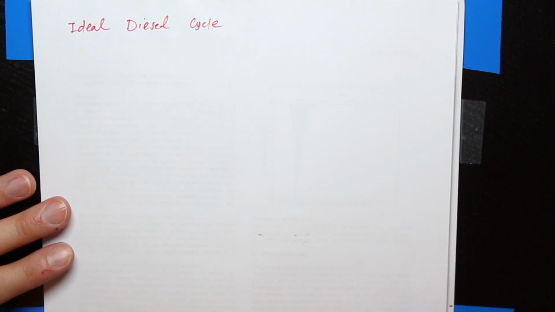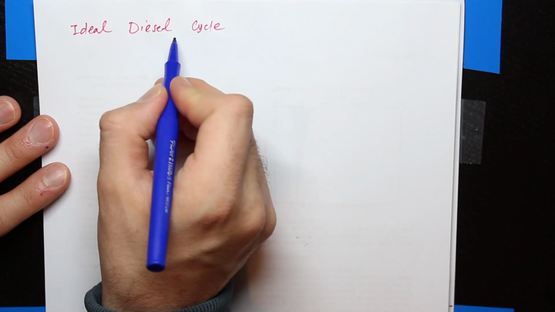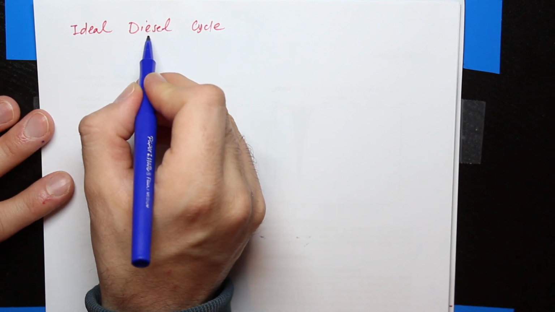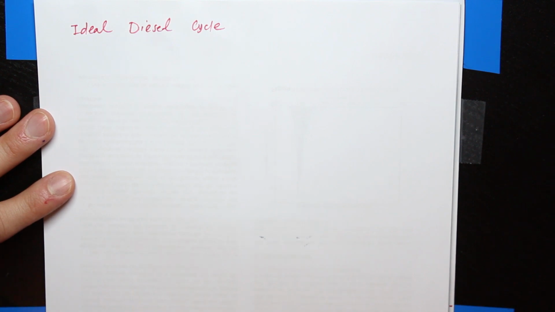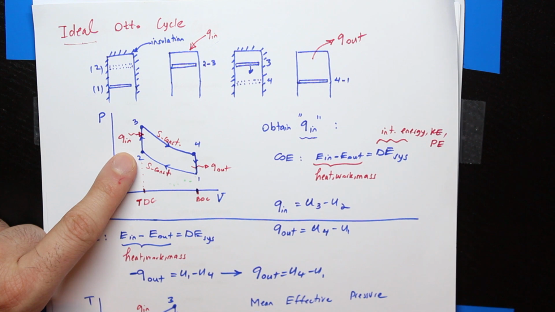The only difference is the heat addition process. In a diesel engine, the heat addition or the combustion occurs at a constant pressure process. That is in contrast to the heat addition that we had in the Otto cycle.